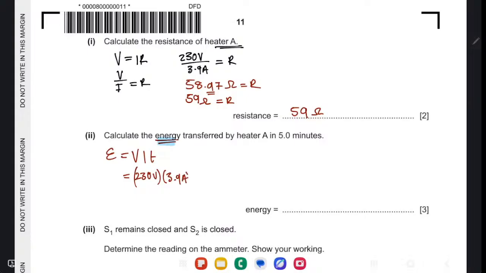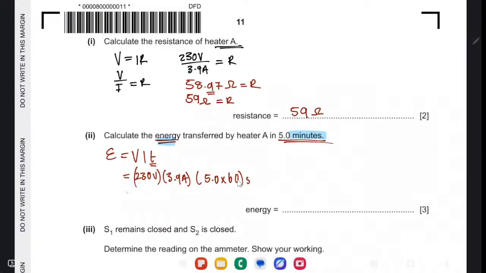Now we need to use T. For T, they've tried to trick you because they think you don't know that time can never be in minutes. There is no situation where we use minutes as the unit of time. We use seconds. So it'll be by 5.0 times 60, and it's now seconds. You just multiply by 60 once to turn it to seconds.